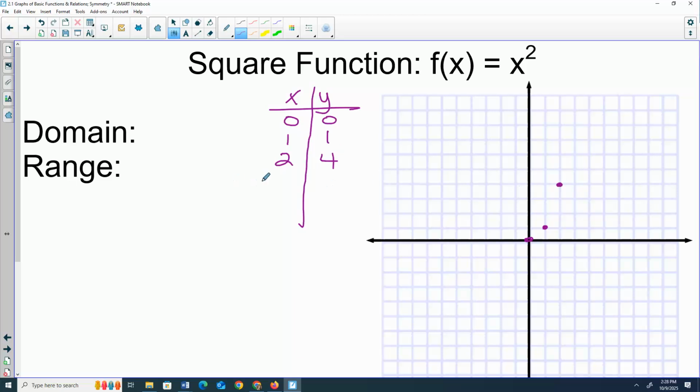If I did 3, 3 squared, is this enough? What do I need to put in? Let's do the other side, some negatives. If I do negative 1, what's negative 1 squared? 1. What's negative 2 squared?